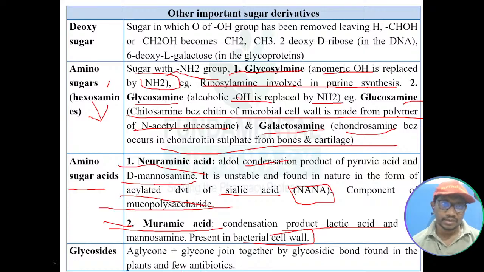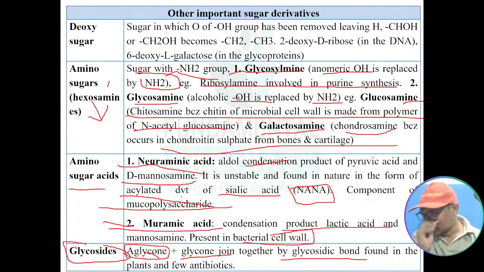Now glycosides मतलब क्या? So when a glycone part, it may be either phenol or it may be either alkaloid, combines with the glycol or sugar by a glycosidic bond, that is a glycoside.